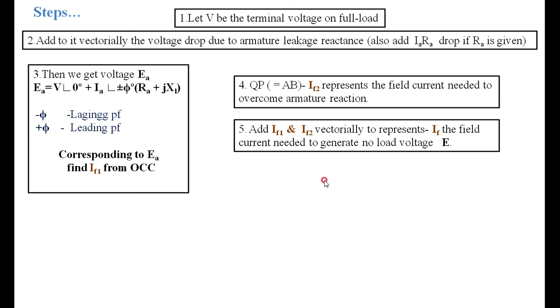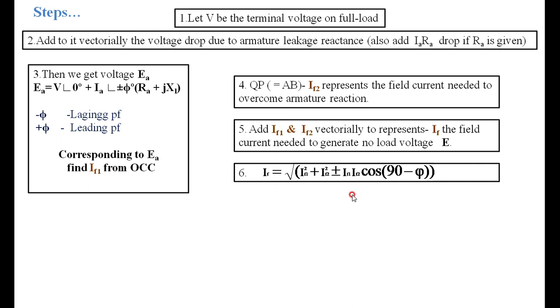The total IF is equal to the square root of IF1 squared plus IF2 squared plus or minus 2 IF1 IF2 sin phi, or it is cos of 90 minus phi. It is one and the same. You can use either cos of 90 minus phi or sin phi directly.